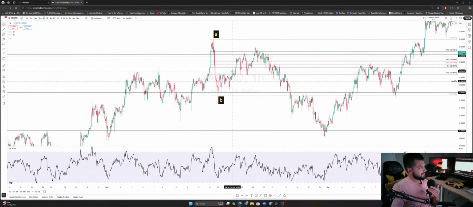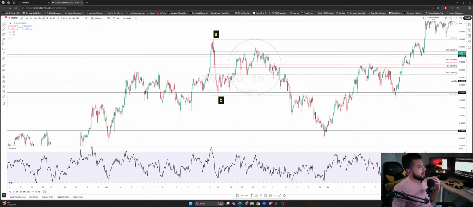So this whole time, as people were buying and selling, the market was just consolidating, okay? And that happens when the Fibonacci goes all the way to 78.6. The market likes to consolidate around that area, and then it continues on that trend, okay?